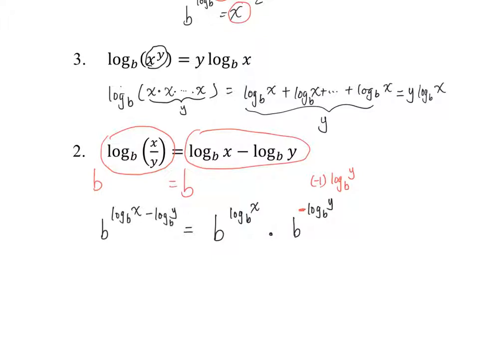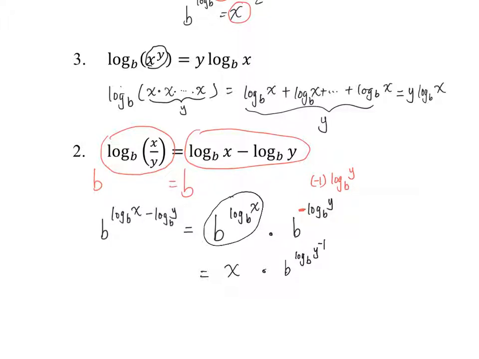That's what we are trying to do. So according to the earlier rule that we developed, this is equal to x times b to the log with base b of y to the negative 1.